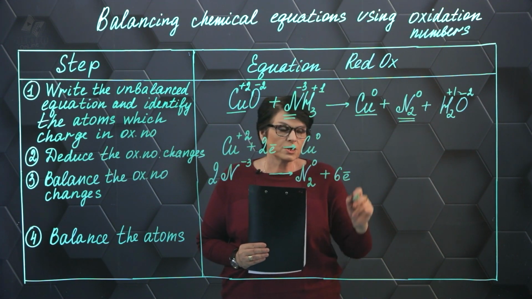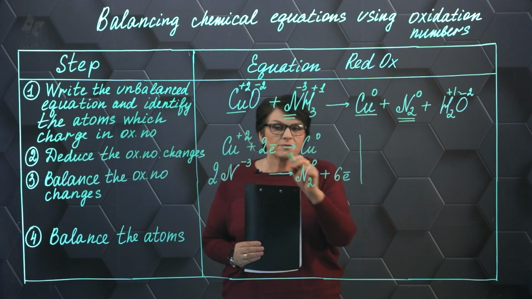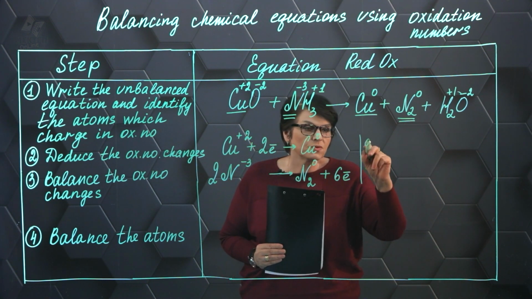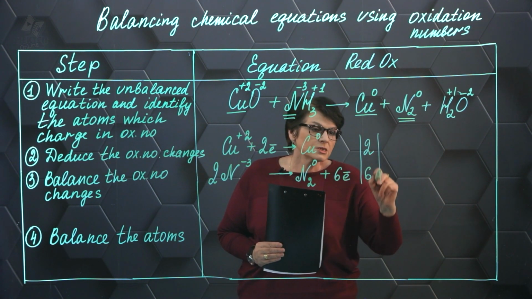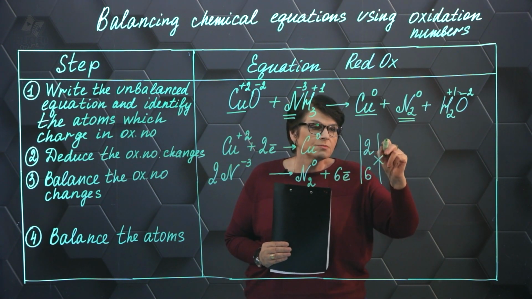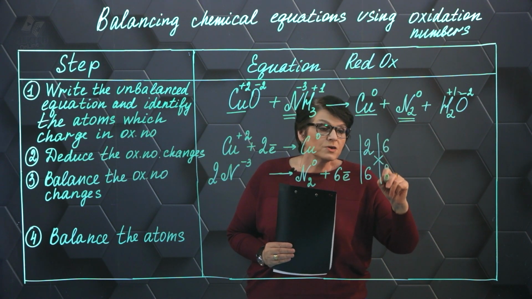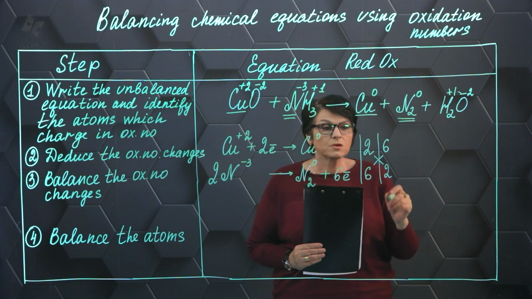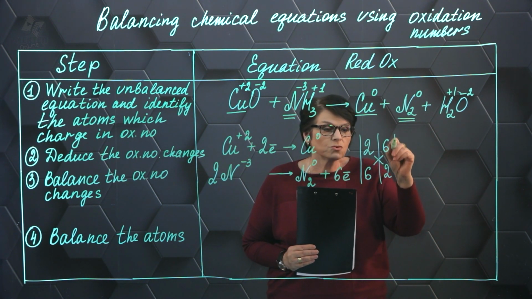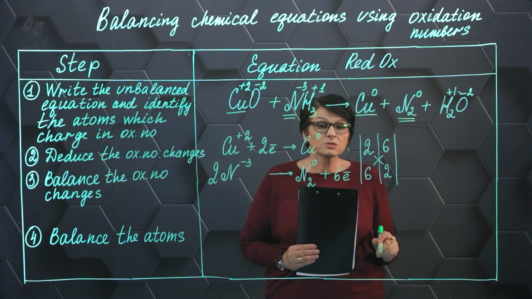Now next, let's take the numbers we've found, 2 and 6. Then we'll swap them around to equalize the number of electrons being given up and the number of electrons being accepted. But as we can see, both numbers are divisible by 2.